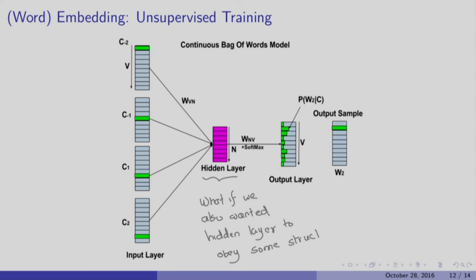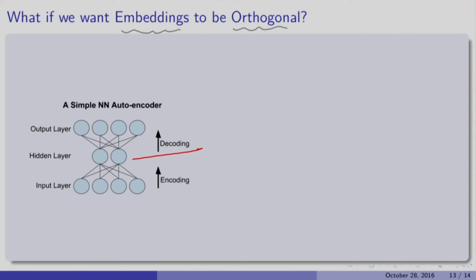So let us say the hidden layers corresponded to masculinity and femininity respectively.